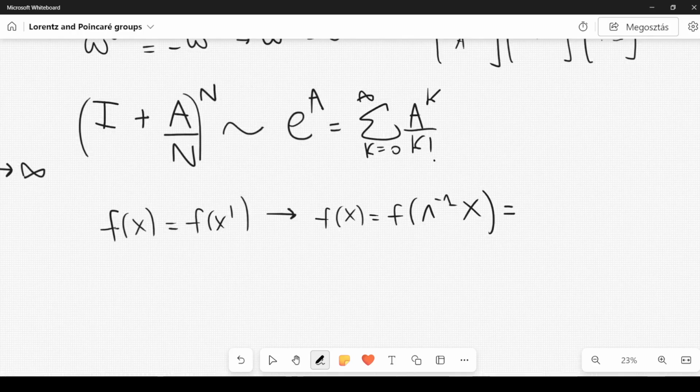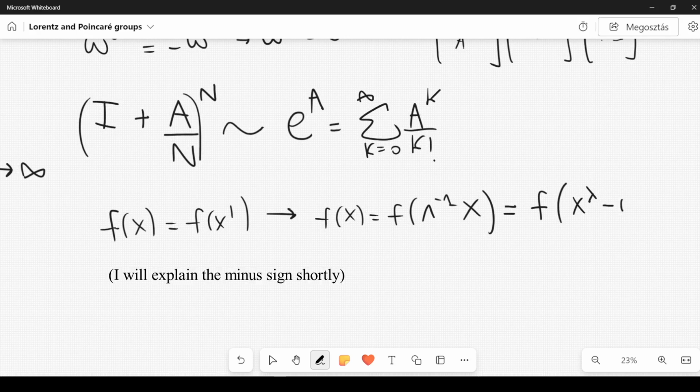Now, if we consider an infinitesimal Lorentz transformation, this can be written in the following manner. So here we have something like this. We have x lambda, f of x lambda, where we write the indices, and then we have something like this, minus omega lambda nu x nu.